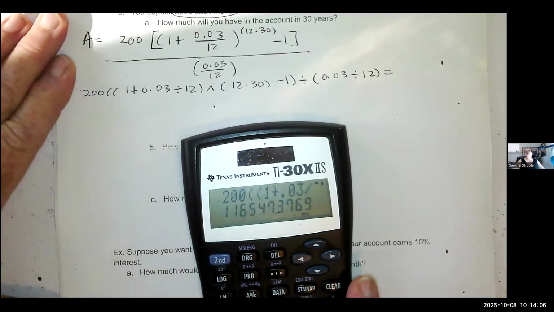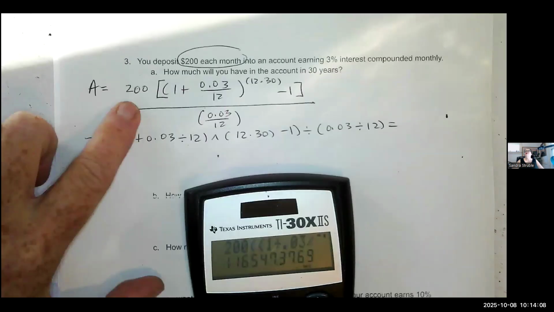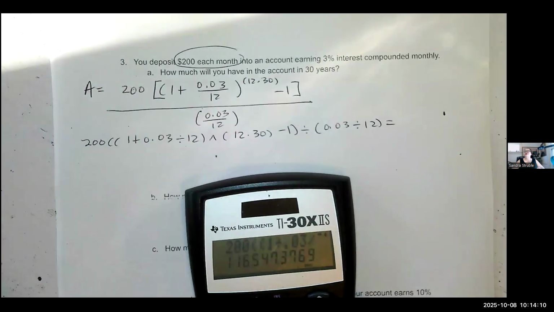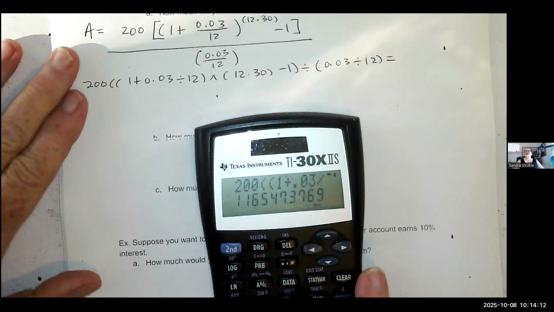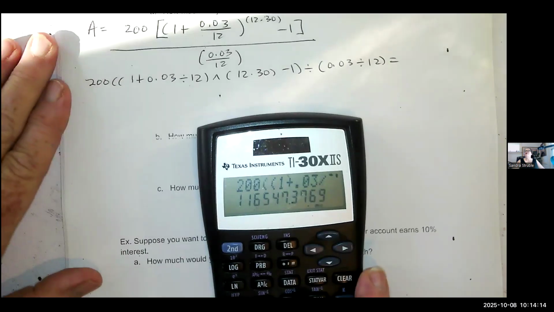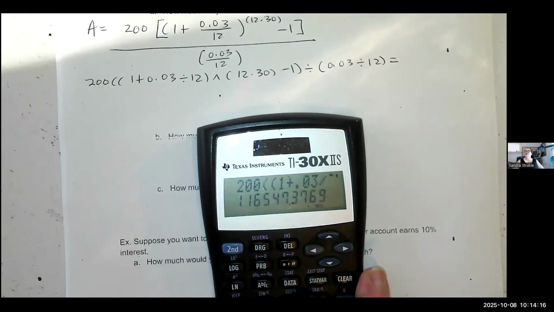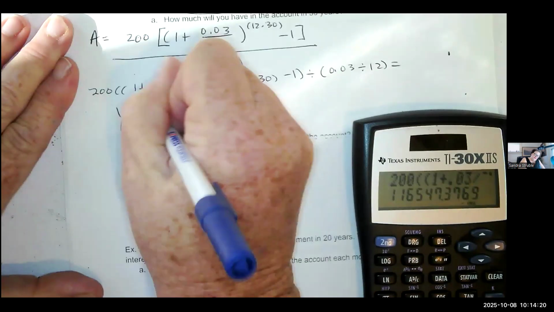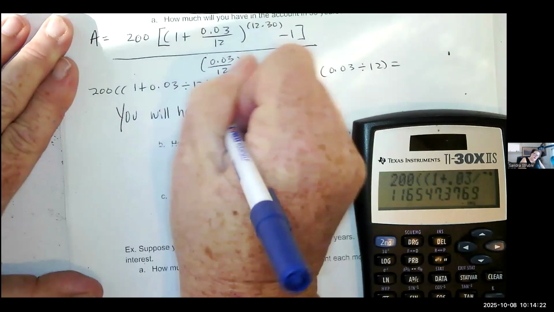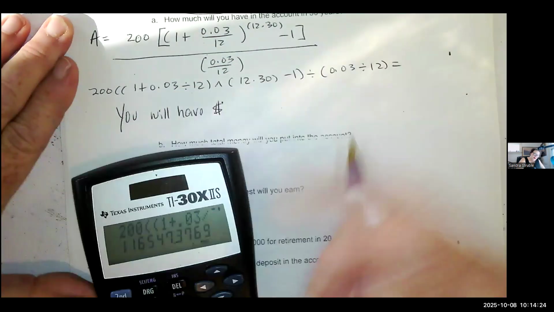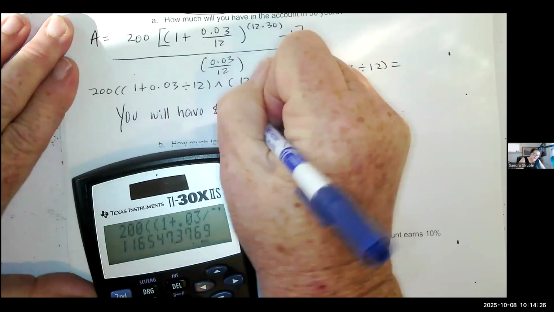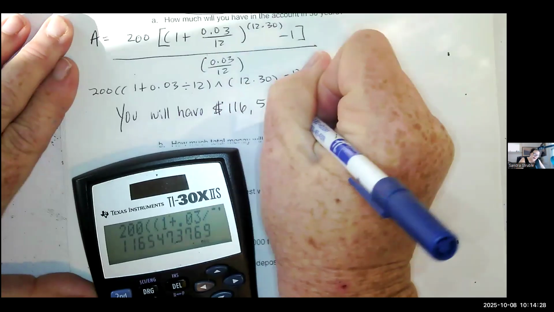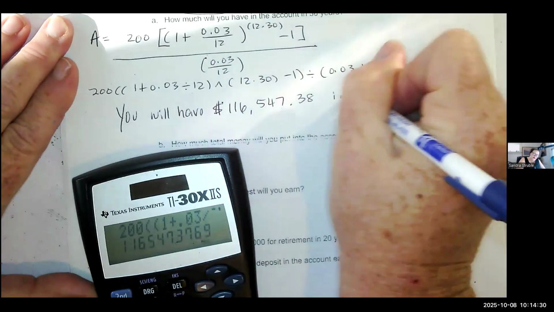So after putting $200 each month in an account for 30 years, you will have $116,547.38. Please make sure you're checking your rounding. Don't forget your dollar sign goes out in front. You will have $116,547.38 in 30 years.